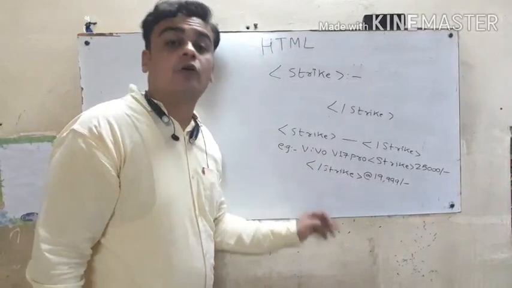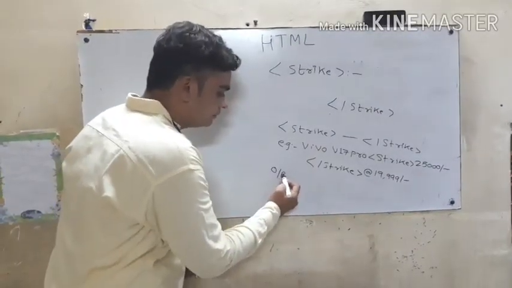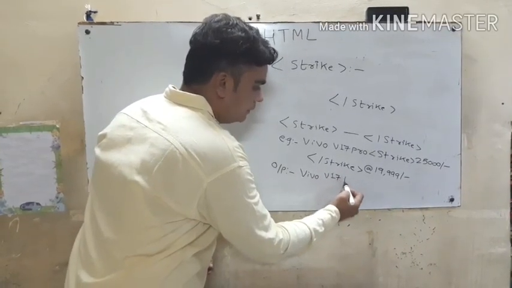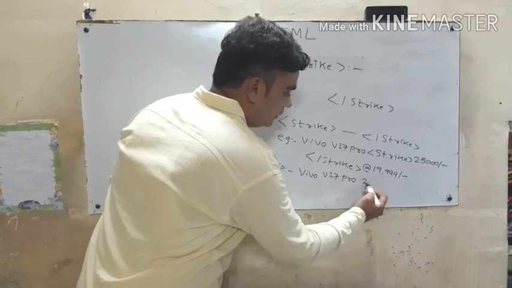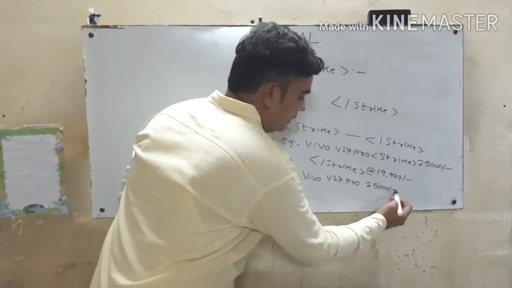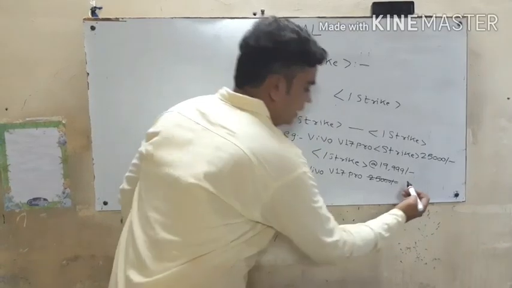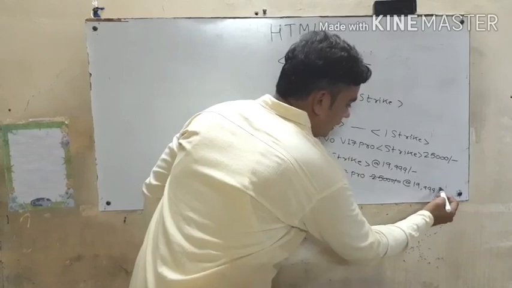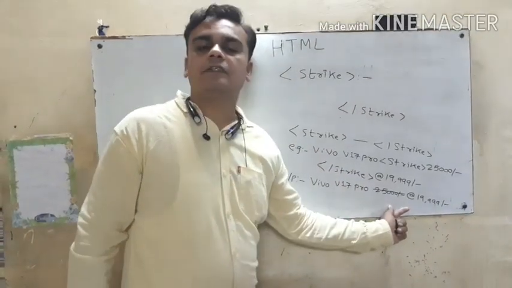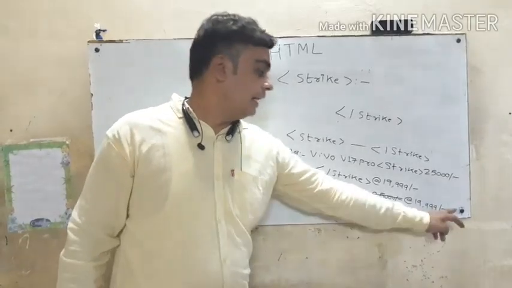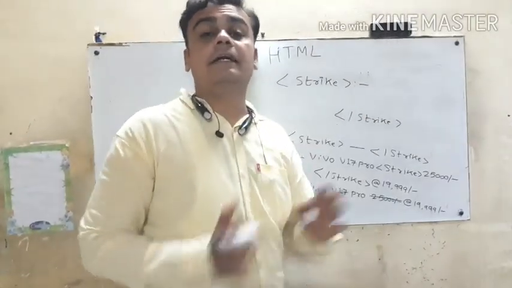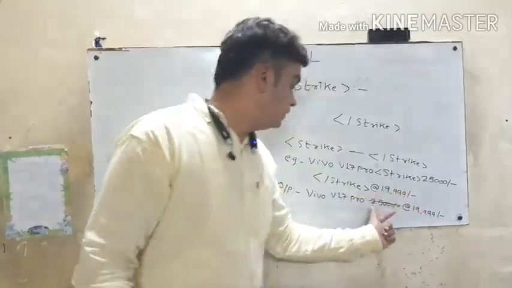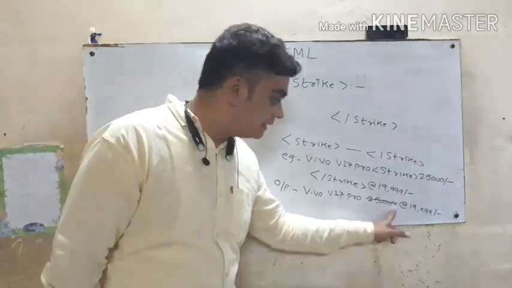Let me see its output, how it will look like. The output will be like this: Vivo V17 Pro, then this 25,000 gets cut, and at 19999. We have seen such types of output on our screen, and in brackets they also display 10% discount, 20% discount. If we wish to display this type of information, then we use strike tag. It is used to cut the text.